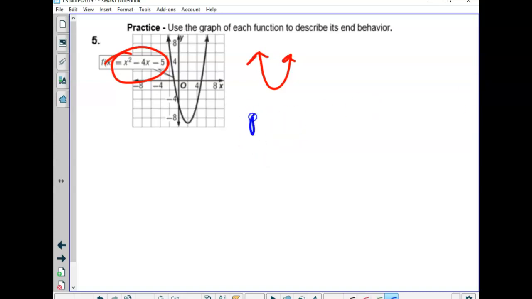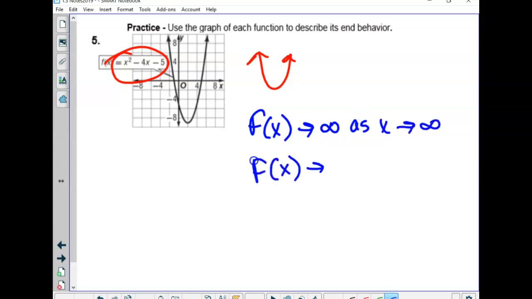As x goes to infinity, f of x is still going to infinity when x is going, what's the word for this one? Which is left. I should have said what's the direction. What's the word? It's a word.